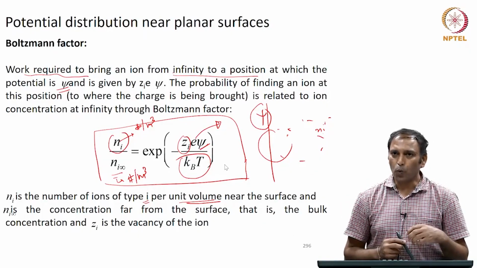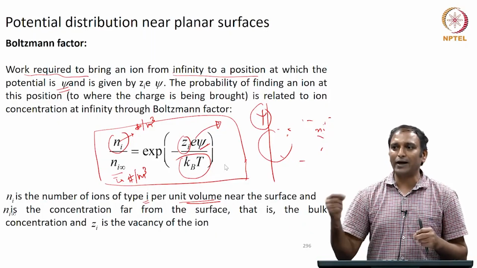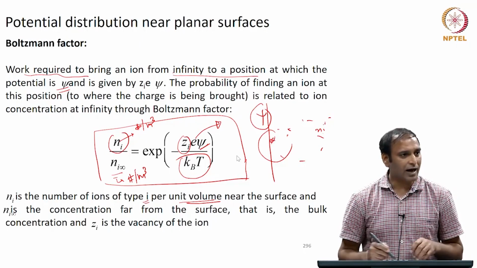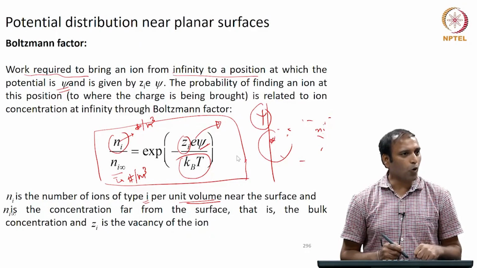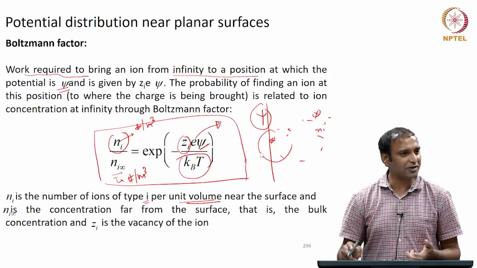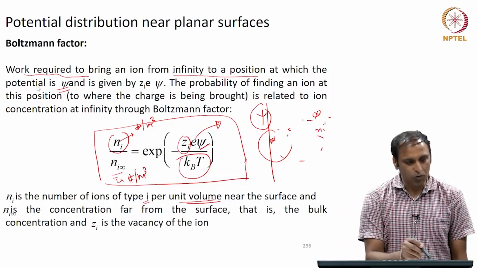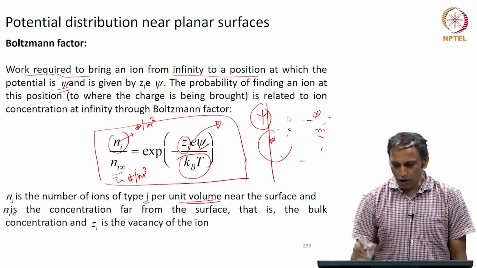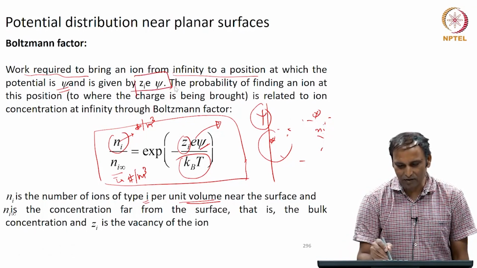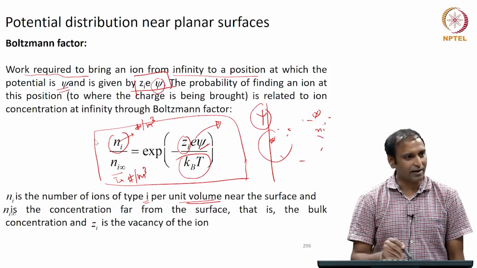I would have to do some work to move any ion from one location to the other. How much work I have to do depends on from where to where I want to move it. If I want to move it to a distance very close to the surface, I may have to spend more energy, but if I am okay to move it to a location slightly away from the surface, I would have to spend less energy. This work that has to be done in moving an ion is essentially given by Zi times e times psi.